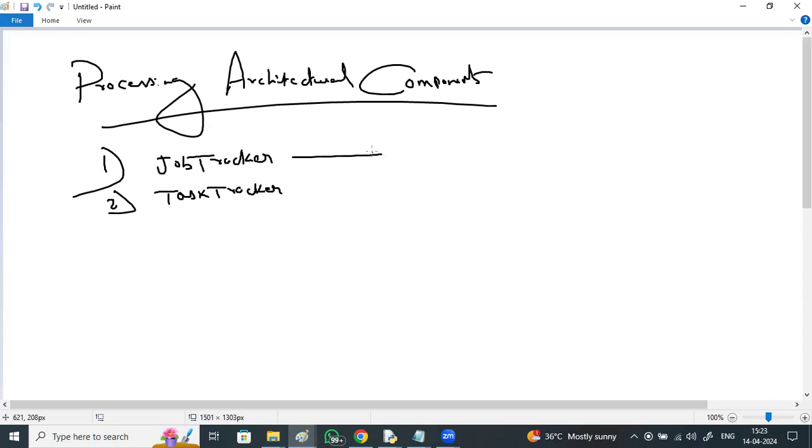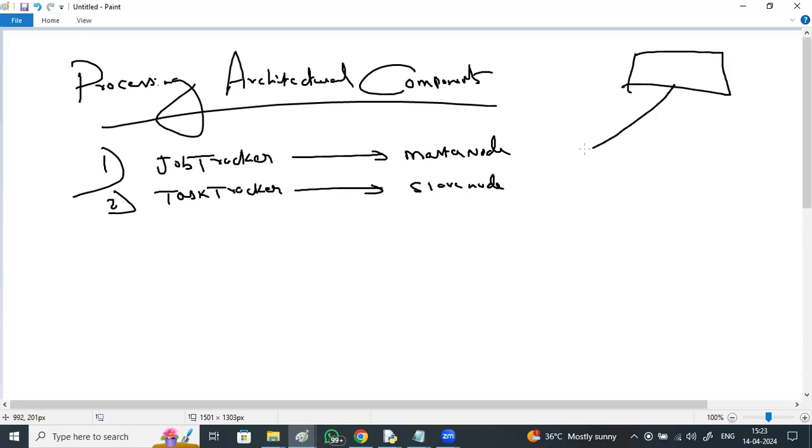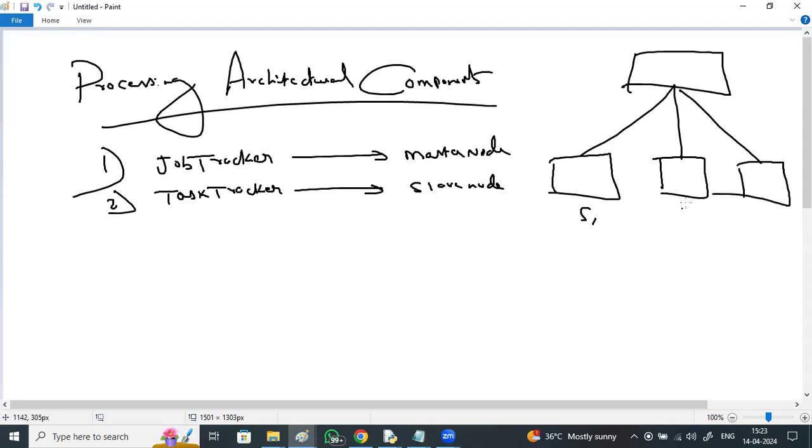Job tracker resides within the master node. Task tracker within the slave node. So this is the master, these are the slaves: S1, S2, S3.